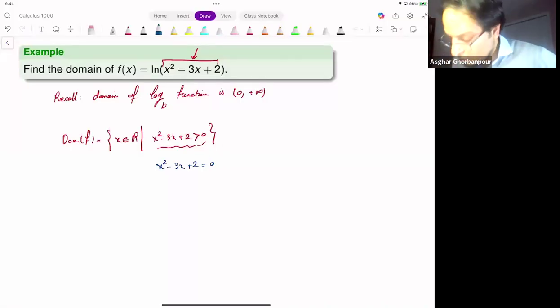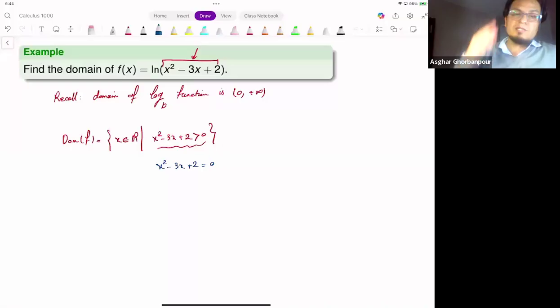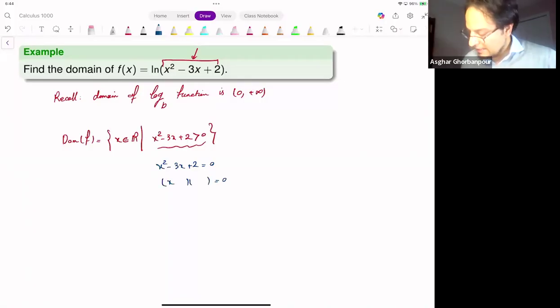Now we want to figure out where it is positive, where it is negative, and where it is neither. So we start with neither, which is where it is 0. For that, you can decompose this, and you see that the sum of two numbers is -3 and when you multiply, you get 2.